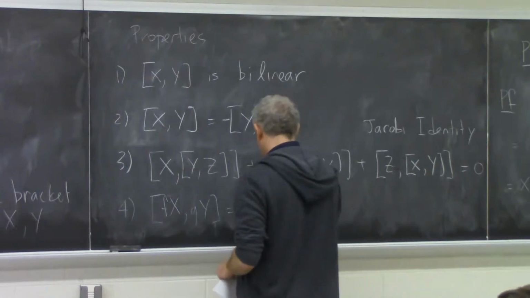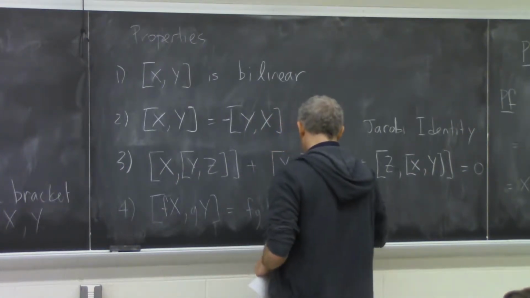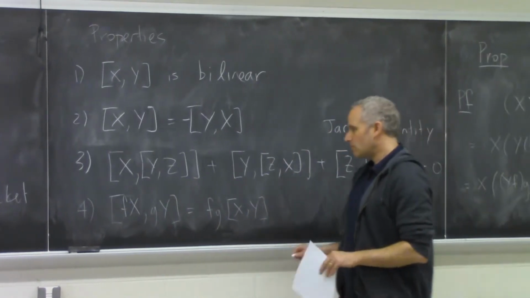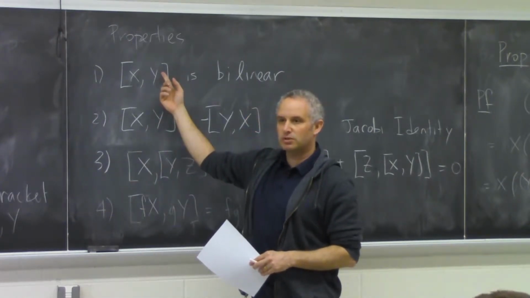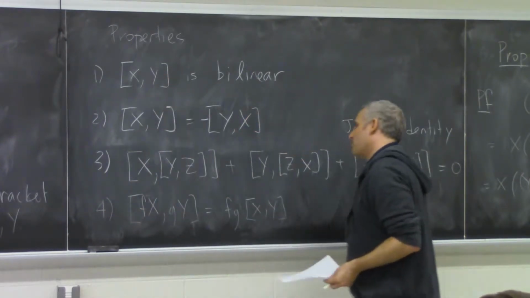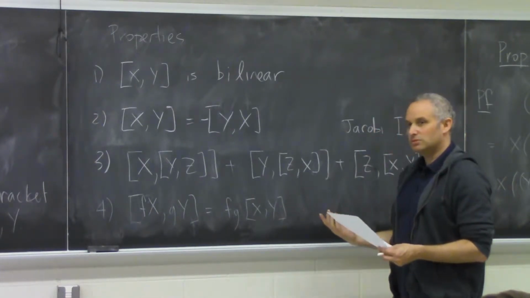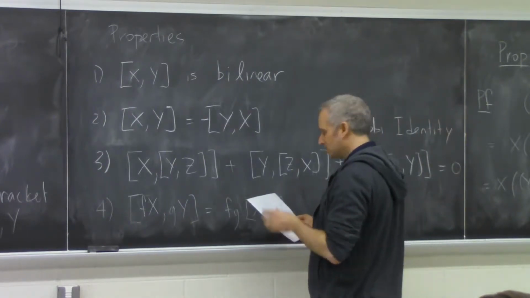OK, so the answer is, well, there is a term like this, but there are other things to consider. Certainly, if f and g were constants, we could just take them out by the first property. Right? But they're not. That must mean that the other properties involve derivatives, something acting on these functions.